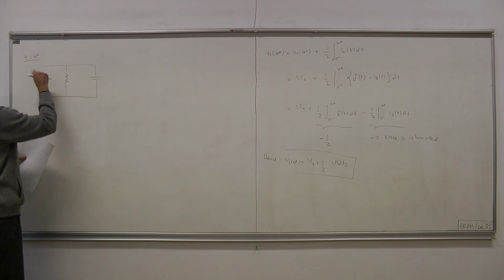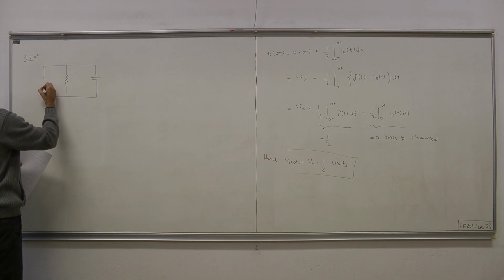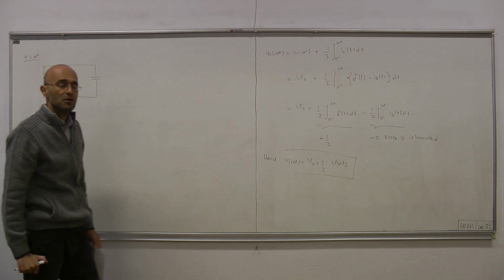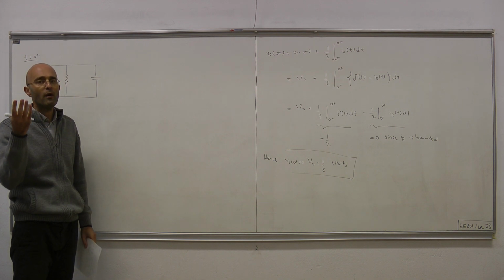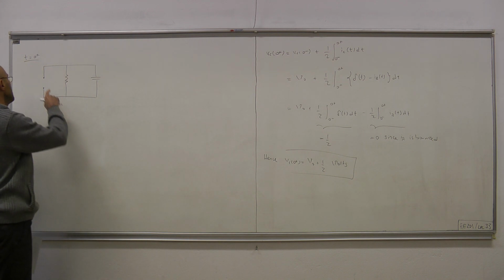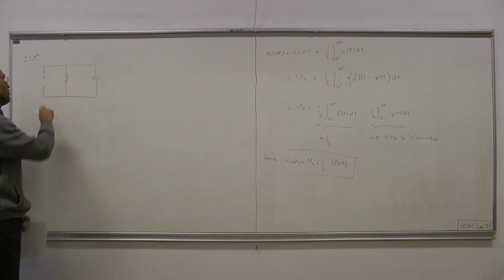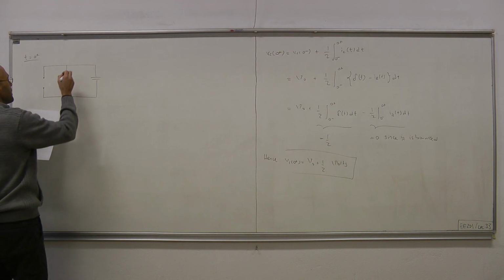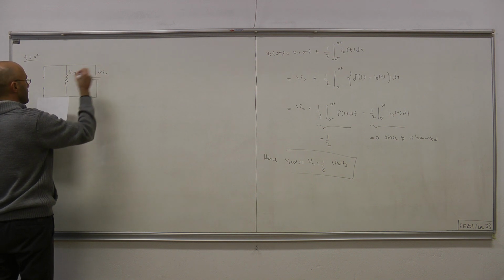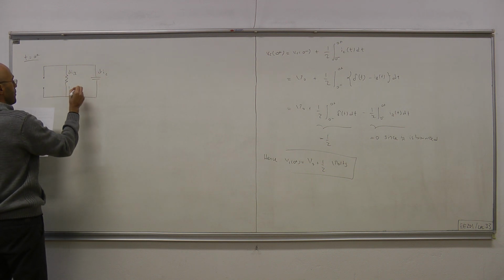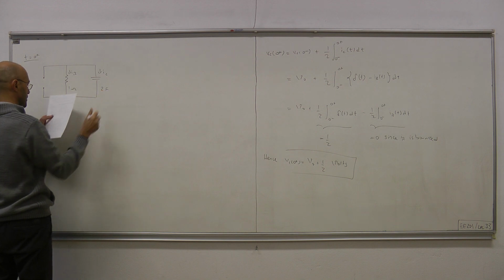And since at t equals 0+ our current source is providing 0 amps of current, a current source that provides 0 amps is no other than an open circuit. Here we have iR, and here we have iC, 1 ohm, 2 F.